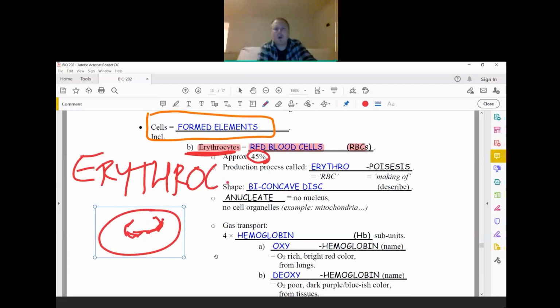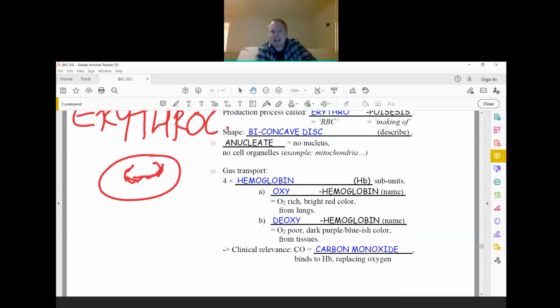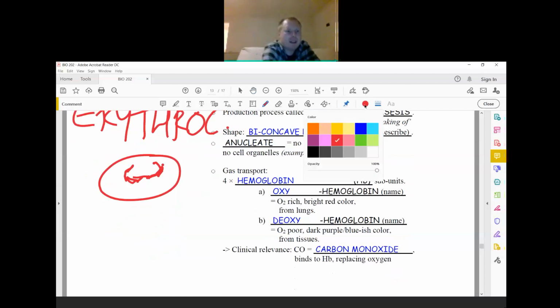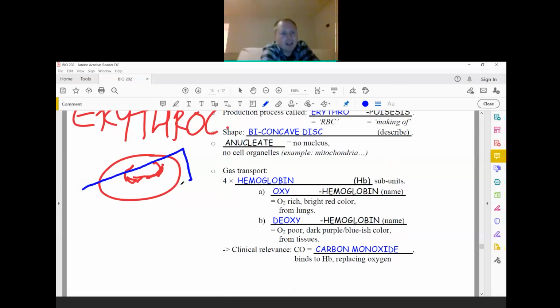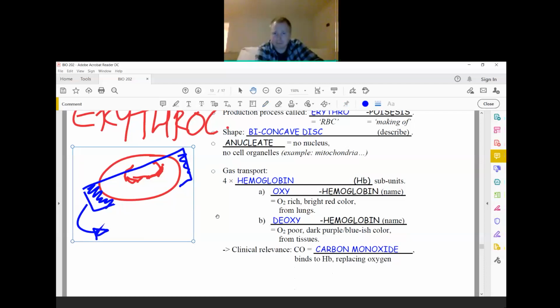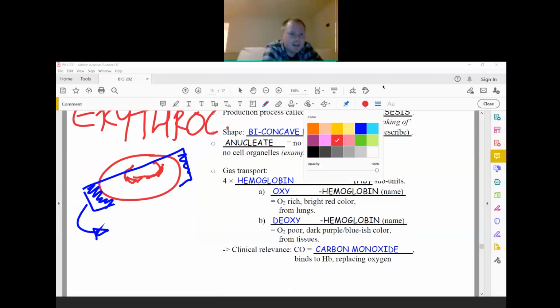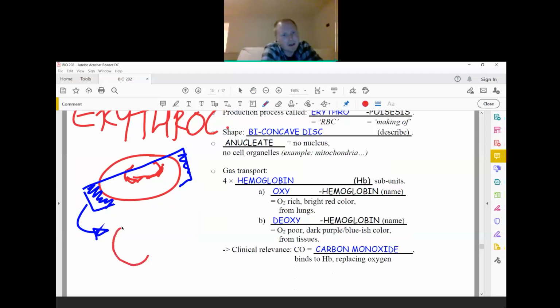If we were to take a cross-section of this red blood cell, I've drawn it as looking from outside, let's think that we're going to cut it in half down this plane. So we're going to cut it into two. What we end up seeing is that a red blood cell would look roughly like this. On the sides, it's thicker, and right in the middle, it gets thinner. So this is a cross-section of a red blood cell.